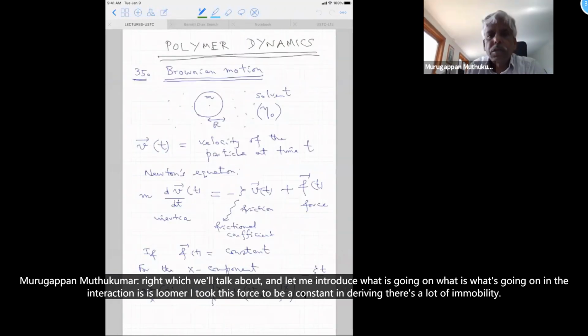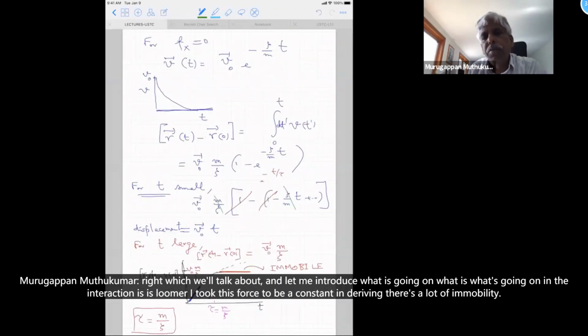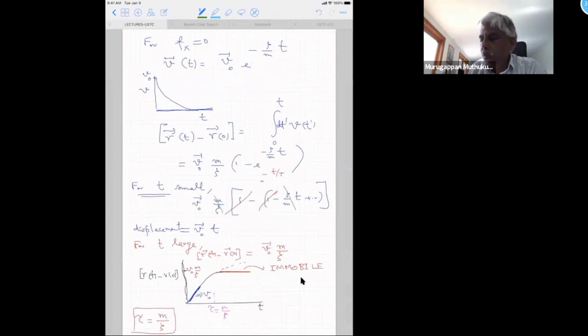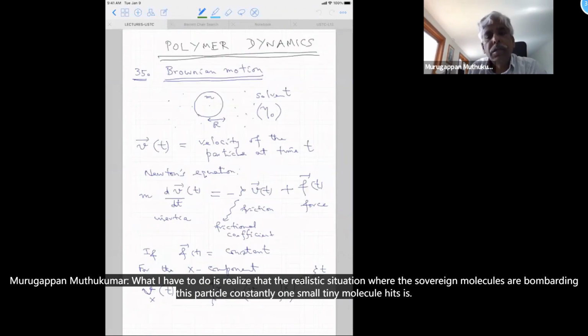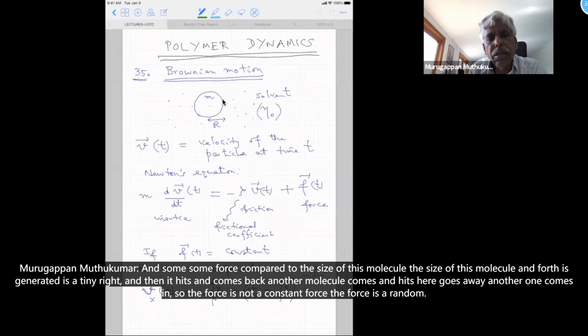Remember, I took this force to be a constant in deriving this law of immobility. What I have to do is realize the realistic situation where the solvent molecules are bombarding this particle constantly. One small tiny molecule hits this, and the force generated is tiny compared to the size of this molecule.